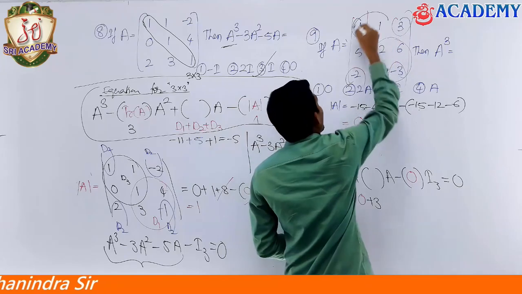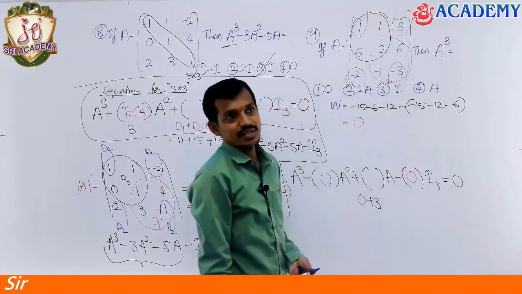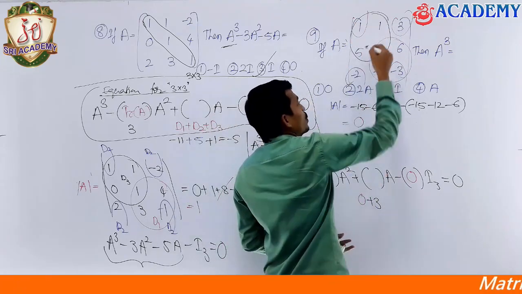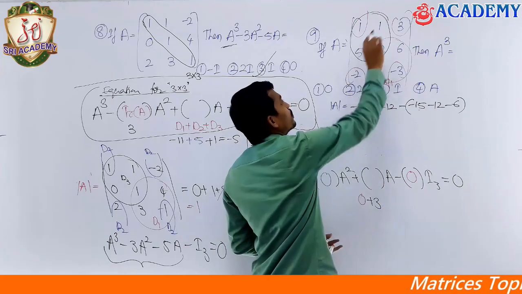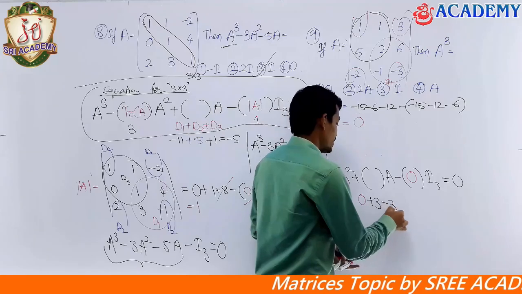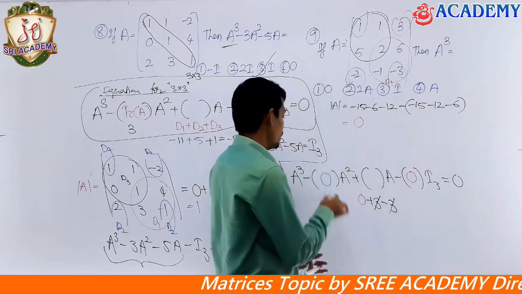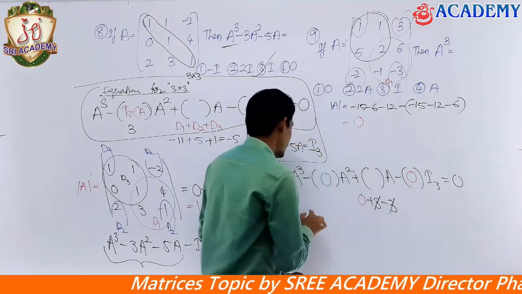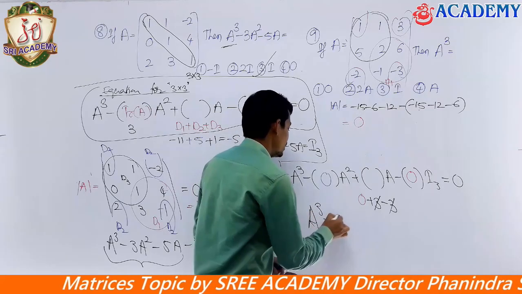Next, eliminate the third row and third column, so that is 2 minus 5, is nothing but minus 3 plus 3, going to be 0. Simply here 0, here 0, here 0, so A cube always is going to be a null matrix.